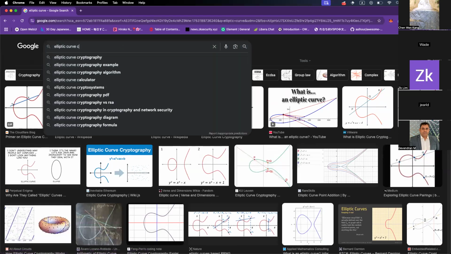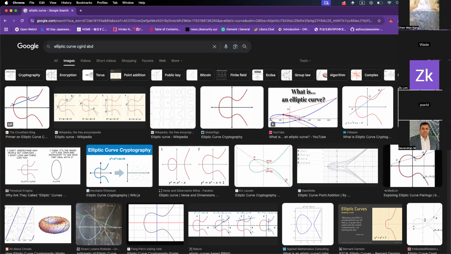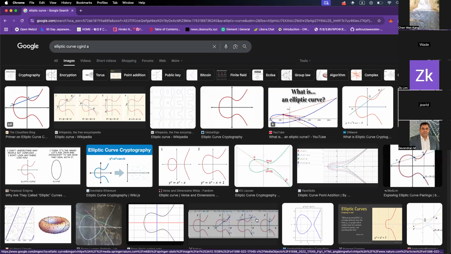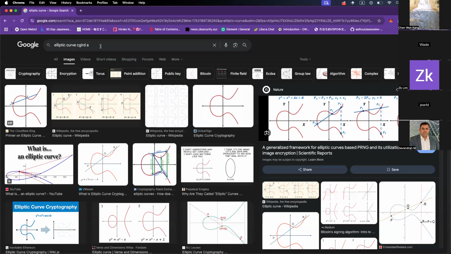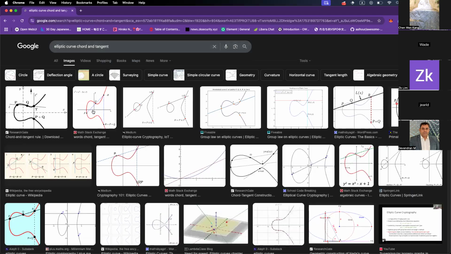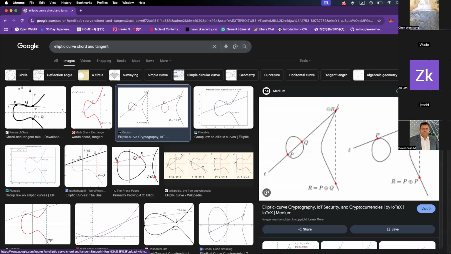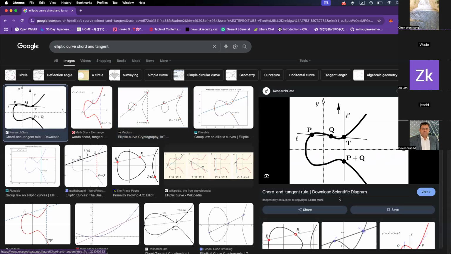Let me just search chord and tangent. Actually this is essentially it. If you see this, this is the chord and tangent rule. Yeah, there you go. Very easy to visualize.